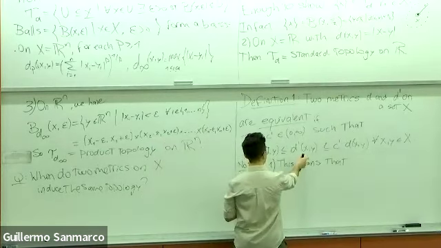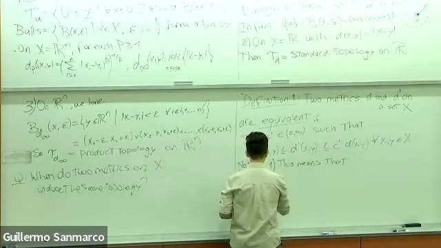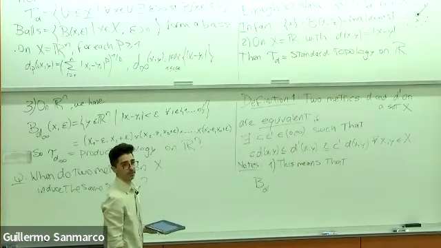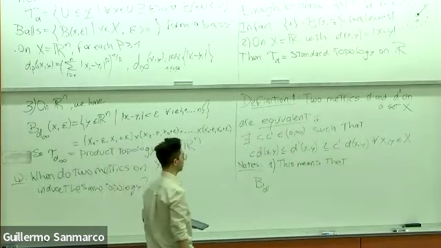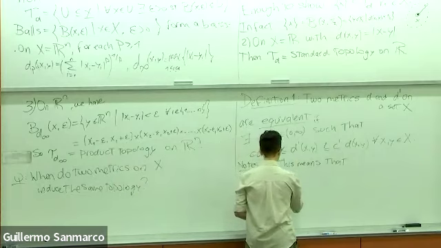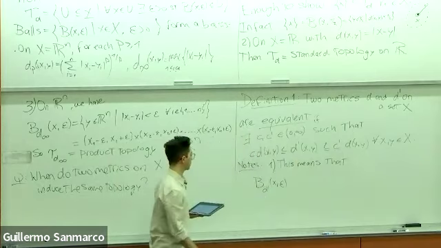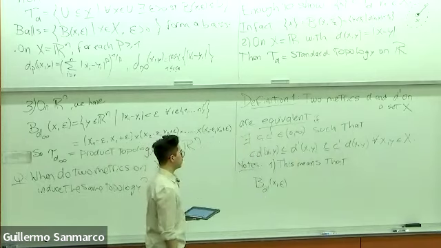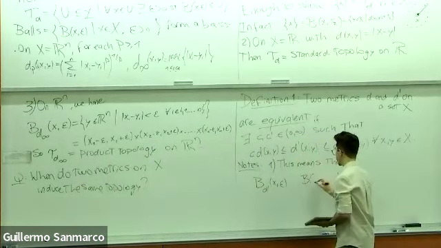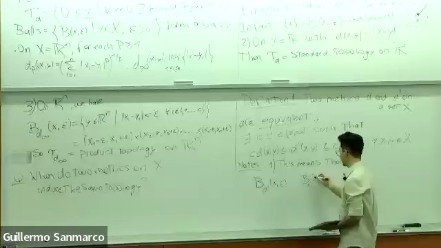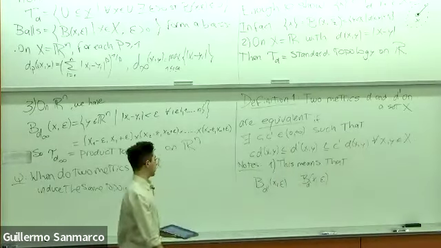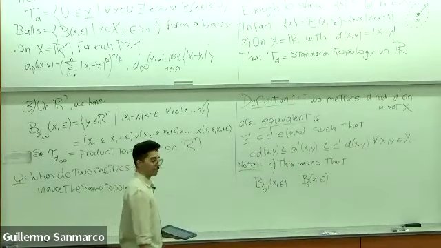If you compute the ball, well, I have different flavors for balls because we have two distances. But if you compute the D prime ball centered at some X of radius epsilon, we should be able to compare this with the D ball centered at X of radius epsilon. Somehow.